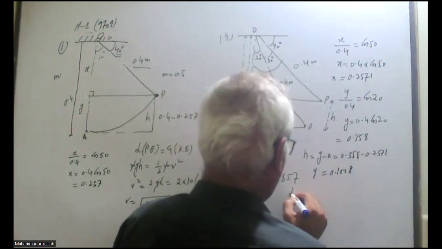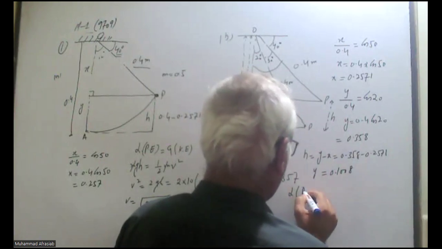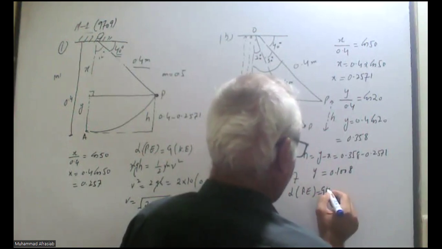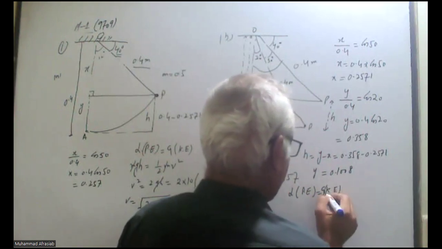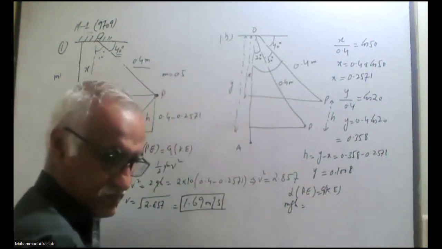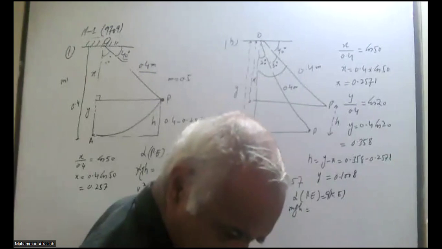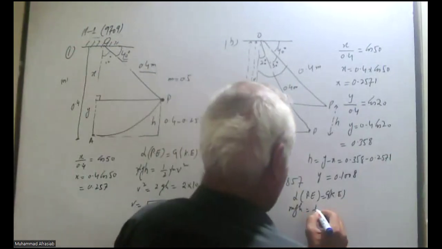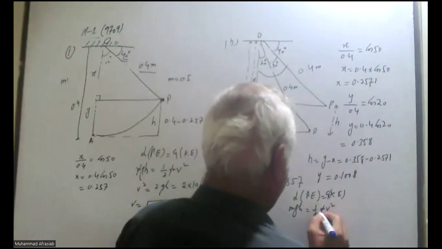So loss in potential energy is equal to gain in kinetic energy. So it should be equal to mgh is equal to half mv squared.